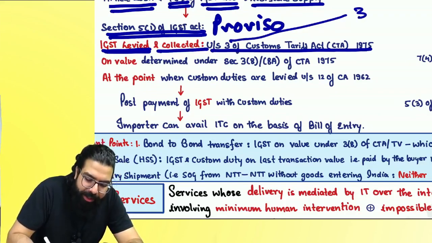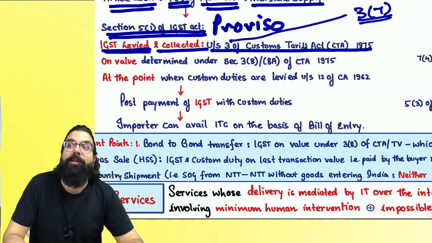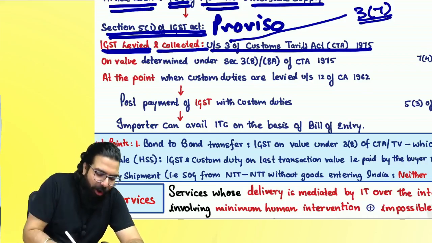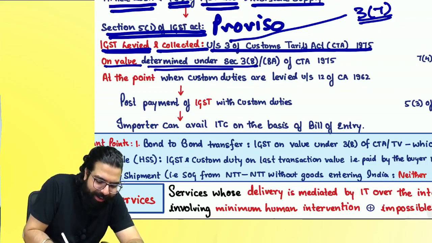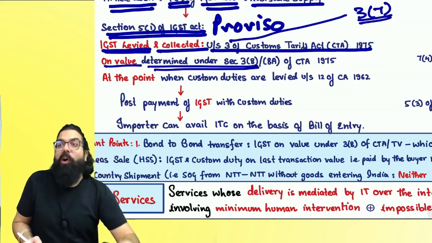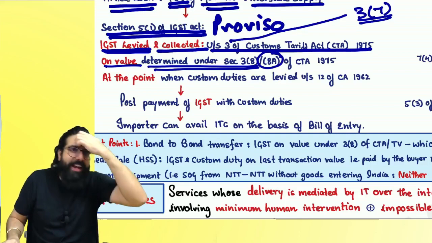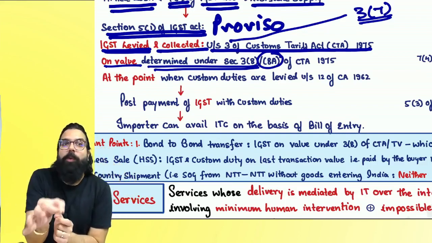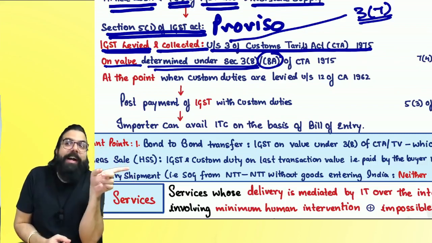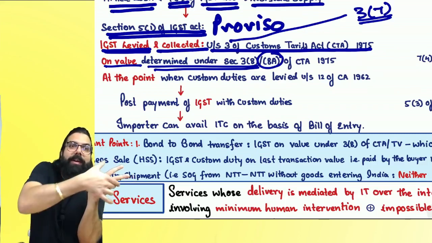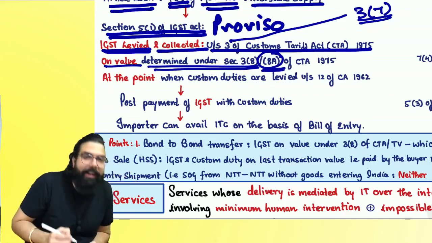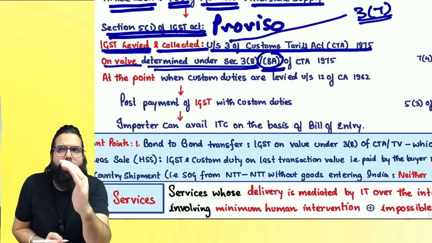Section 3(7) talks about the levy of IGST, and on the value determined under Section 3(8), and what is 3(8)A, everyone? Bond to bond transfer. In case of bond to bond transfer, the 3(8) value or the transaction value, whichever is higher, is told by 3(8)A. Are you able to connect to this now?